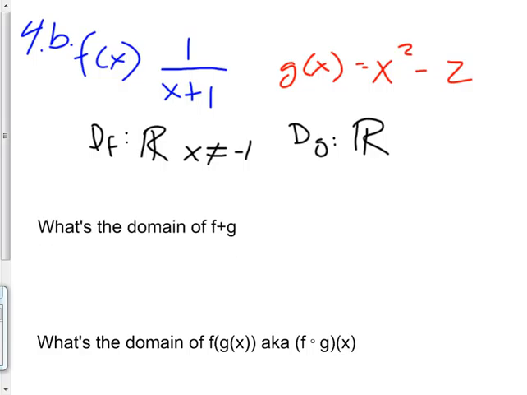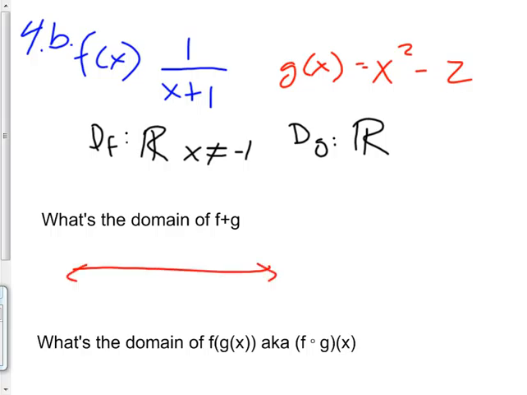So what's the domain of f plus g? This is the kind where you just graph the one domain, graph the other domain, see where they intersect. You remember that? So if I graph this one, it's all real numbers.